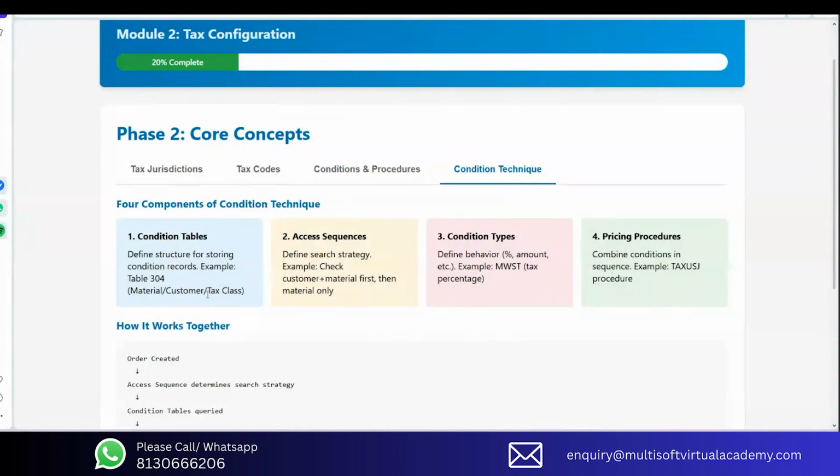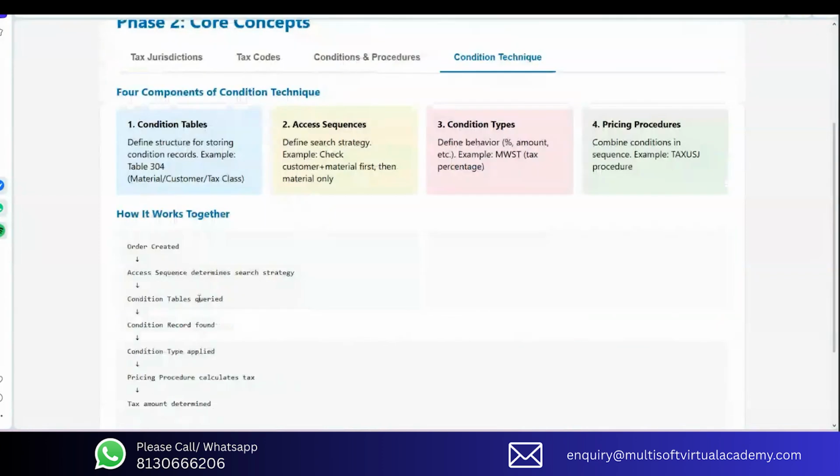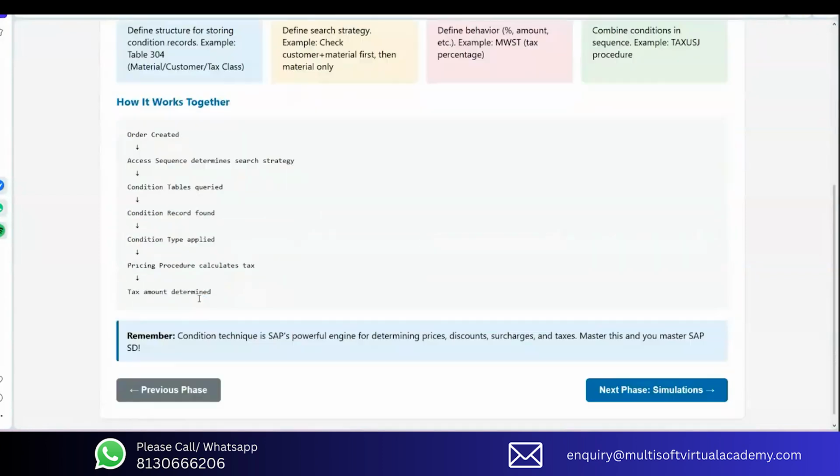Then the access should be in sequence. First, we create the table, and then we create the access, and within that access itself there are various condition types. And the pricing procedure. Since it is raw, I understand that it becomes very complex as of now.